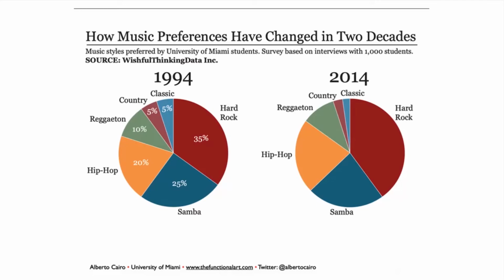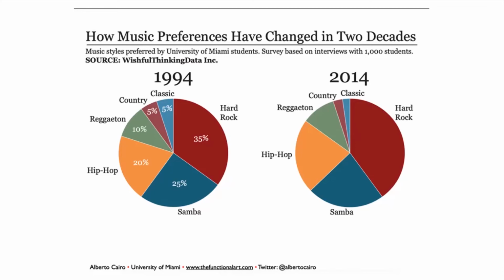And we've got two pie charts showing the different proportions of the preferred music style of the students. We can see on the left that, for example, hard rock is 35% of the students, samba 25%, hip hop 20%.